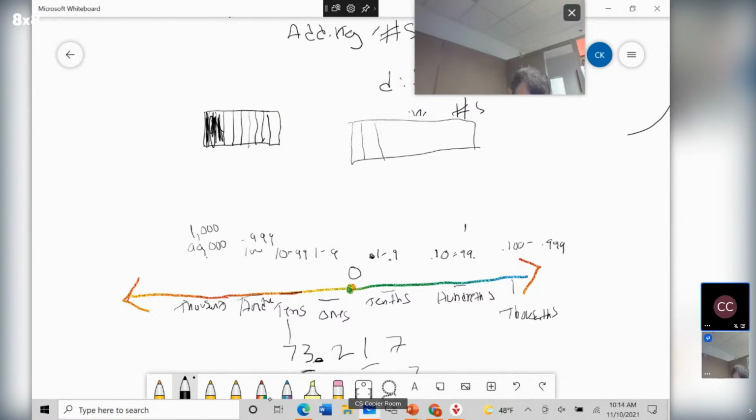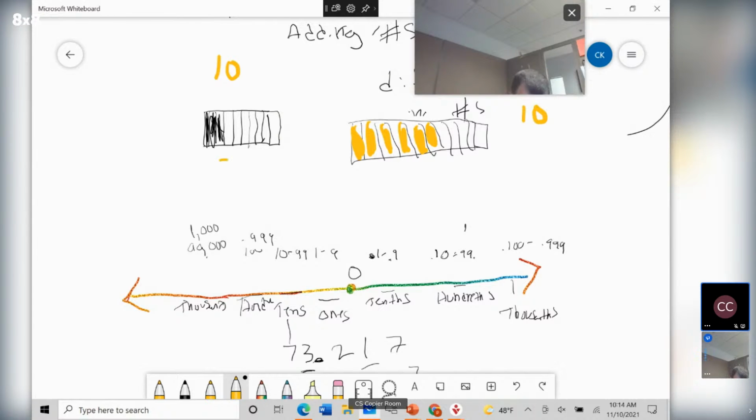1, 2, 3, 4, 5, 6, 7, 8, 9, 10. I'll do this in a different color so it's a little easier to see. We have 1, 2, 3, 4, 5, 6. So this is out of 10, remember. So how many of the 10s are filled in?